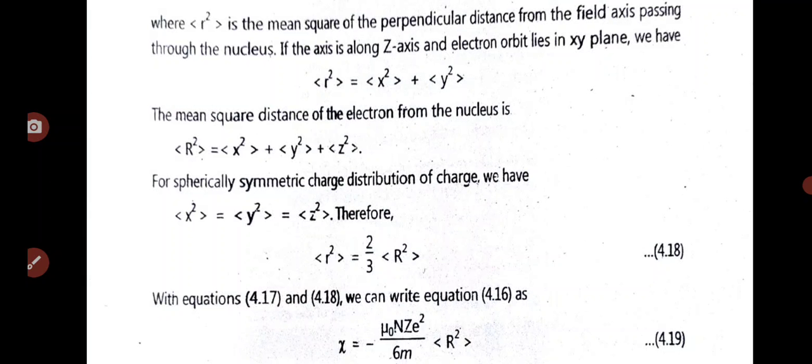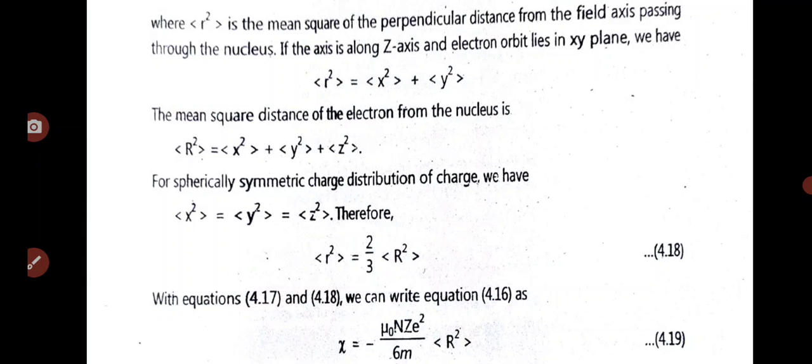And this mean square distance formula in 3-dimensional space is: the expectation value of capital R square is equal to the expectation value of x square plus the expectation value of y square plus the expectation value of z square.